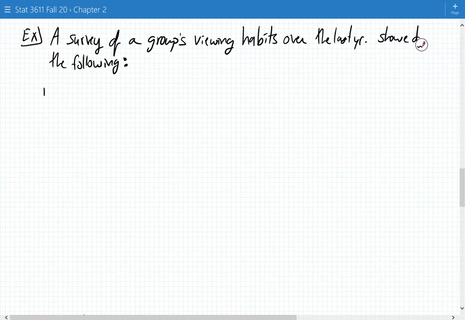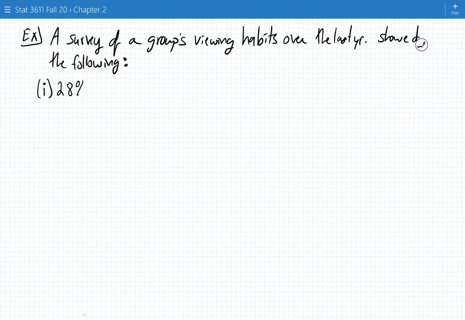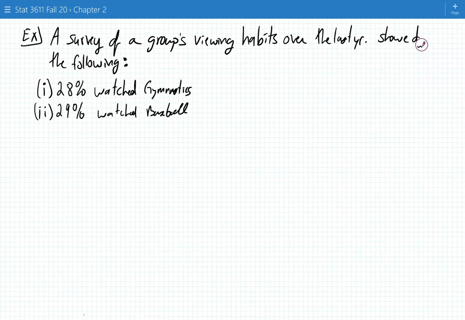We have 7 points of interest here, so give ourselves some space. 1. 28% watched gymnastics. 2. 29% watched baseball. 3. 19% watched soccer.